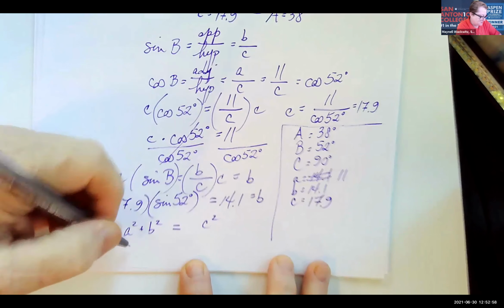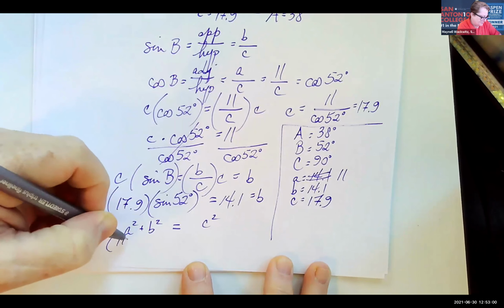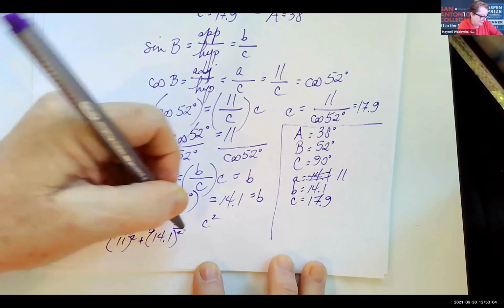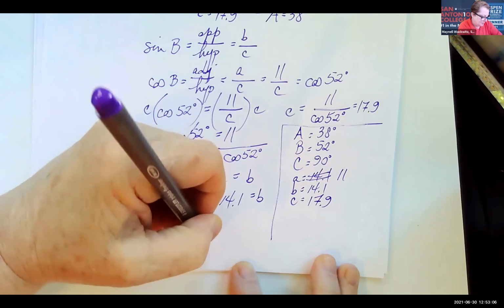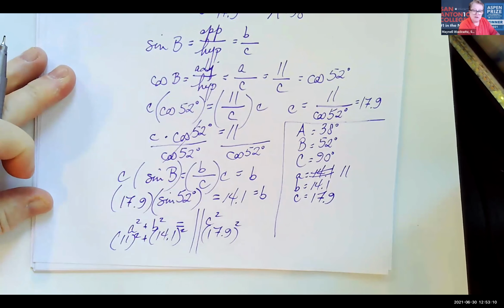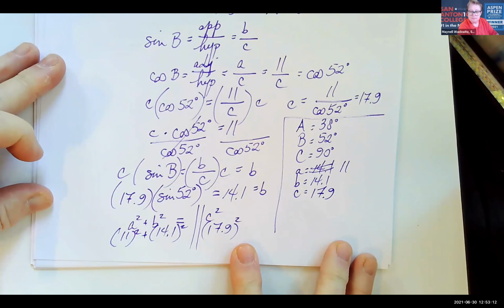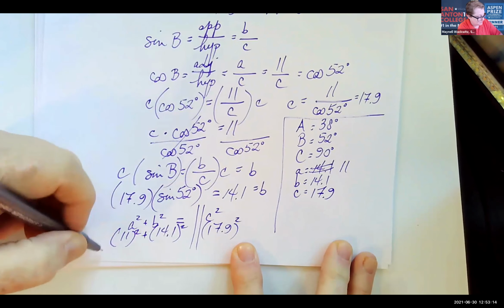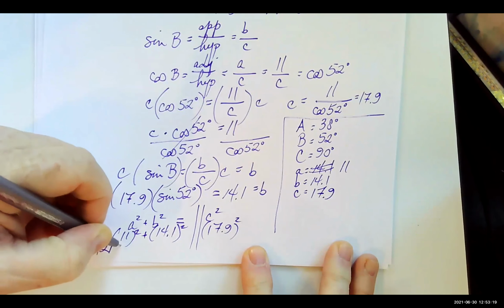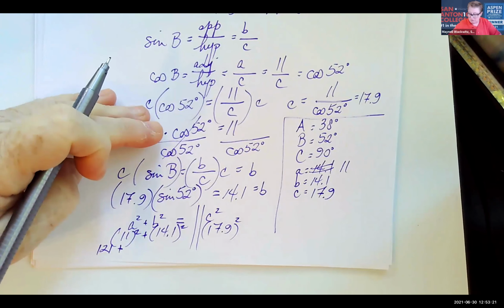So let's find 11 squared plus 14.1 squared and compare it with 17.9 squared. So what is 11 squared? 121. Good. And somebody tell me what 14.1 squared is.